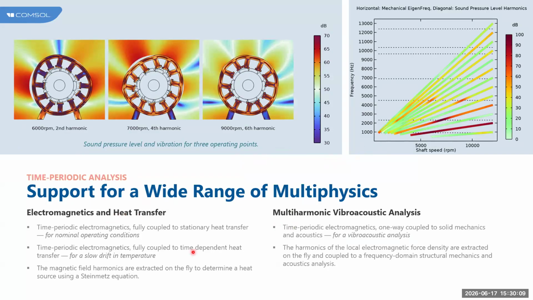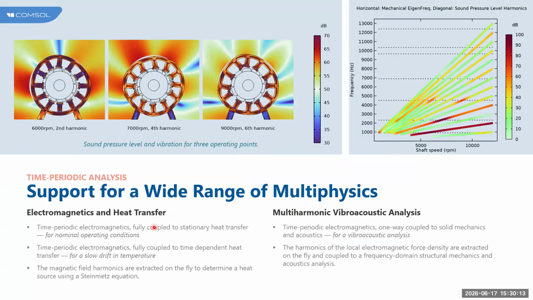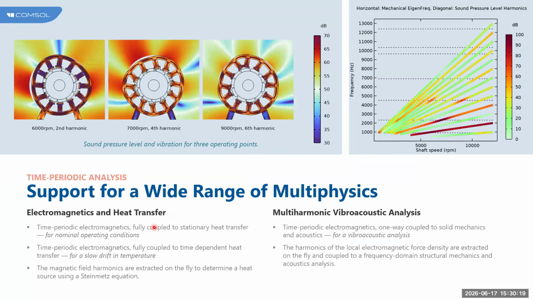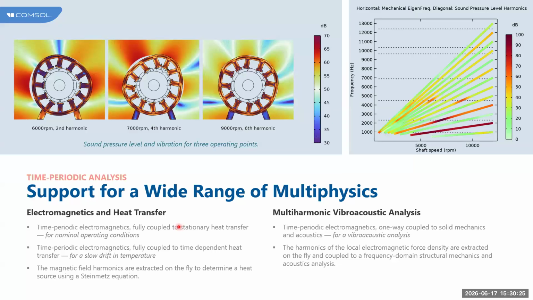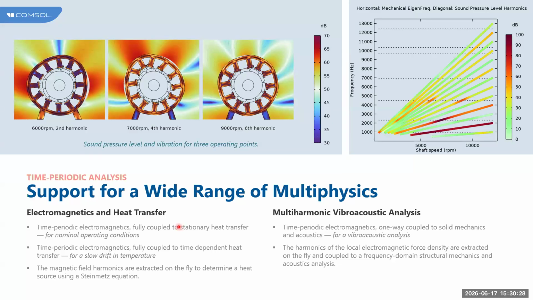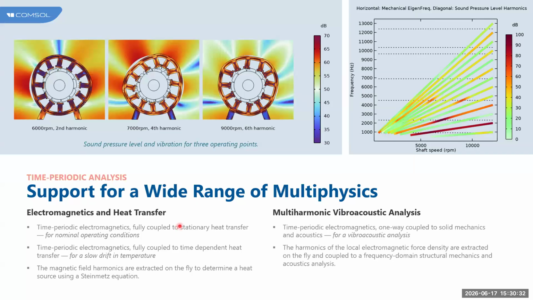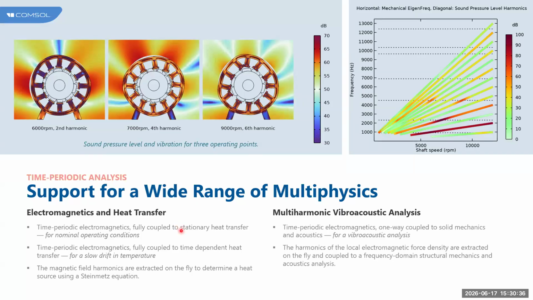The time periodic approach also extends across the full multiphysics chain. It is not only for coupling the electromagnetic forces with heat transfer physics, but you can also couple across structural mechanics and further assess the radiated noise from the device. For thermal analysis, you couple to stationary heat transfer for nominal operating conditions, or to time-dependent heat transfer for studying how temperature evolves during a slow speed ramp up.